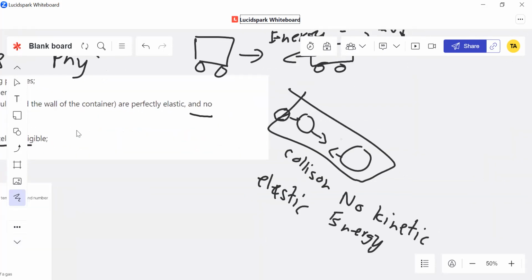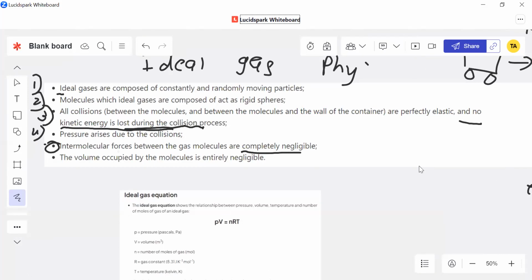What do I mean by this? Well, ideal gas molecules have no intermolecular forces between them. So there is no force of attraction between these two molecules, because molecules essentially have protons and electrons, right? And let's say that this proton can attract this electron in a normal gas, but in an ideal gas, this is not the case. So we assume that there are no intermolecular forces between gas molecules.